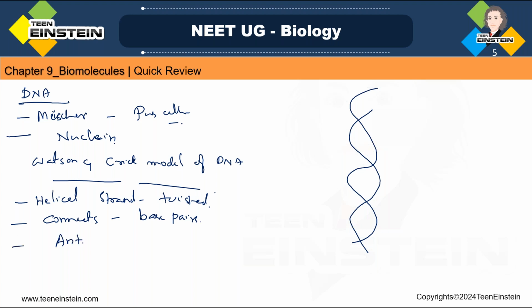Both the strands are anti-parallel to each other. Okay, and these two strands are intertwined in a clockwise direction, that means in the form of a right-handed helix. Okay, and they have an anti-parallel arrangement, as we said already.